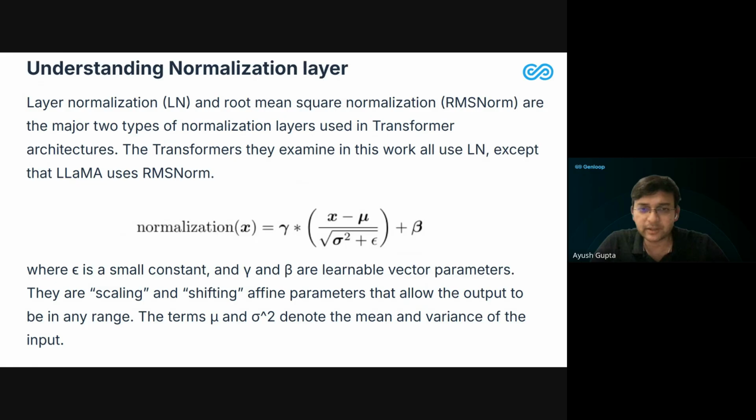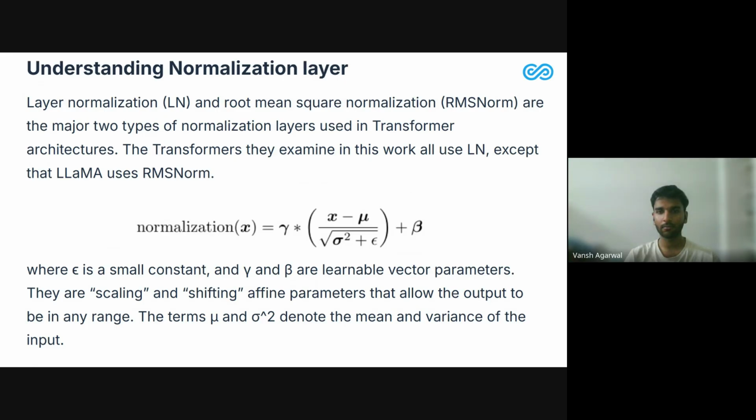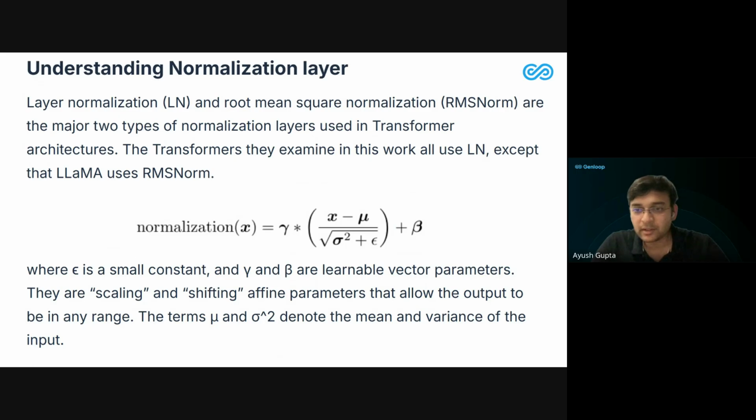Empirically, people saw that it was indispensable to training, and without it the models were not training well, as in the losses were not achieving their global minima or the best local minima that could be achieved, and the weights were actually diverging. So basically, either because of exploding gradients or vanishing gradients, the training could not converge.